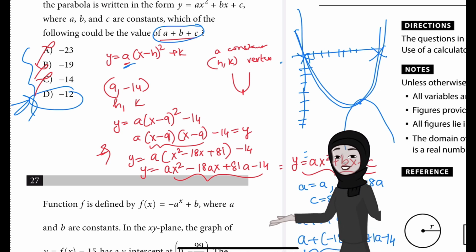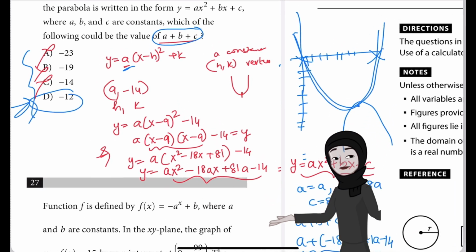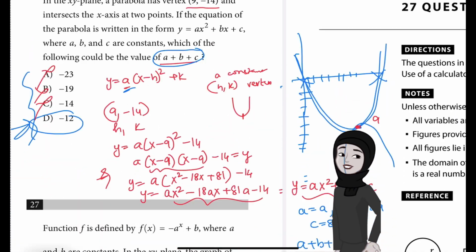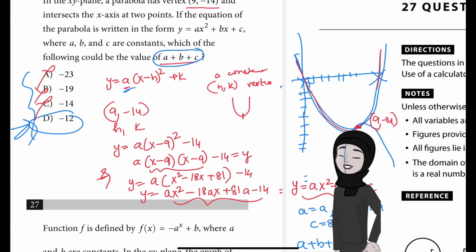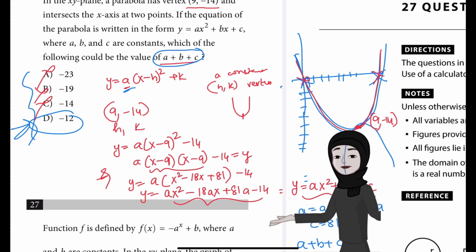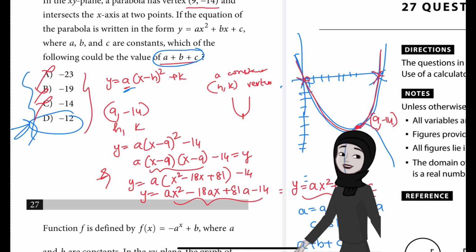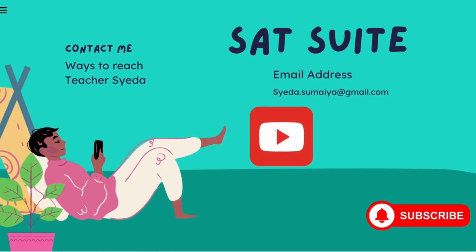And also recognizing that 9, negative 14 is the vertex, and that the parabola opens upwards, only then will it cross the x-axis at 2 points. That is also a major thing to recognize over here, and based on that we have to check which of the answer choices for a + b + c can give us the positive value of a. So all these concepts when you do, then only you will be able to solve this problem.